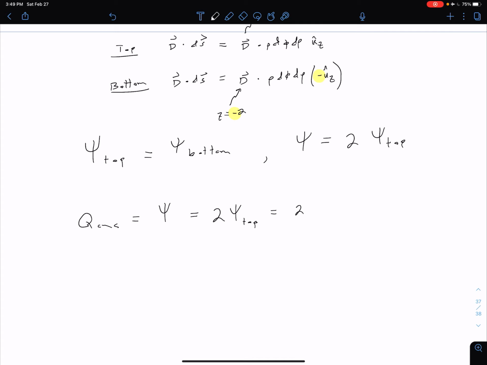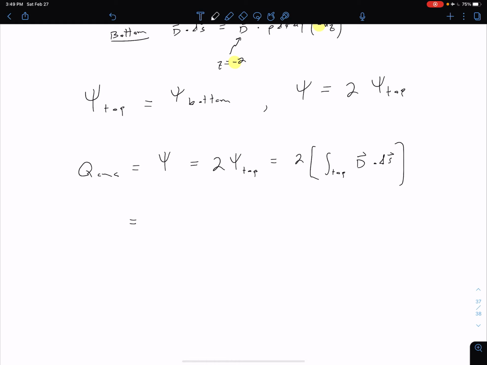And so this is going to equal 2 times the integral over the top of D dot dS. All right, so for our actual integral, we have that 2 out front. Our rho is going from 0 to 1. Our phi is going from 0 to 2 pi. Our z is fixed at the top.